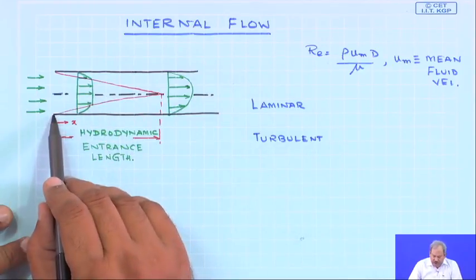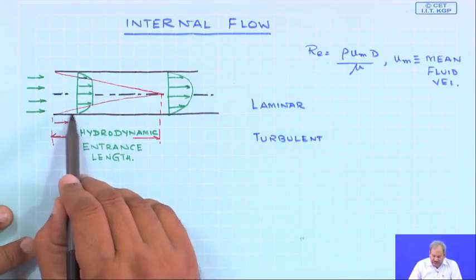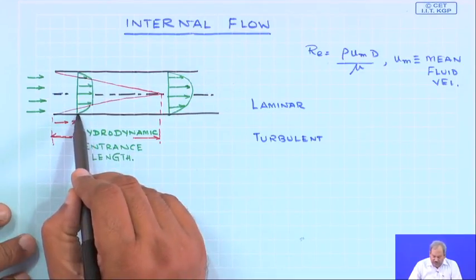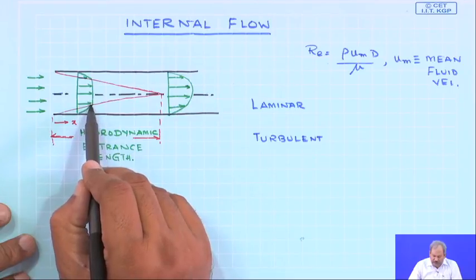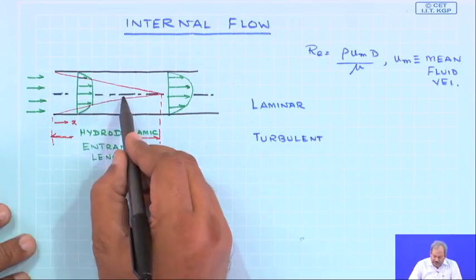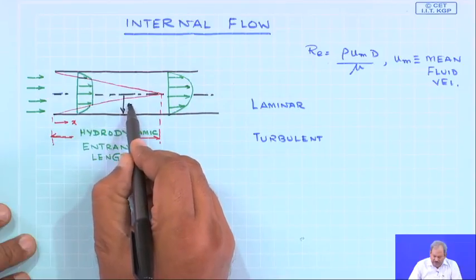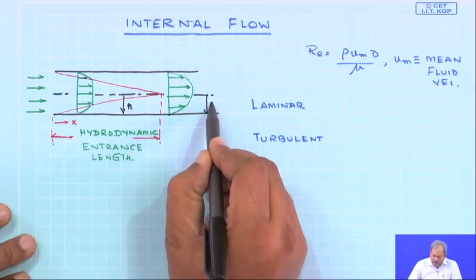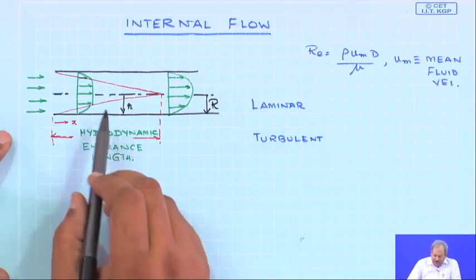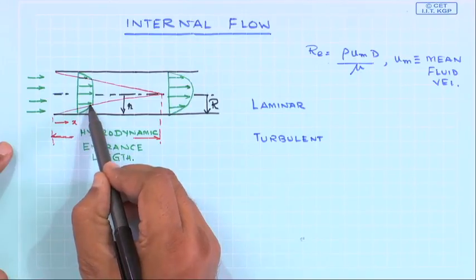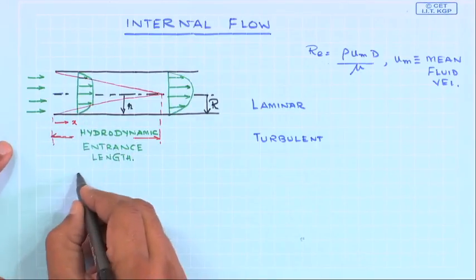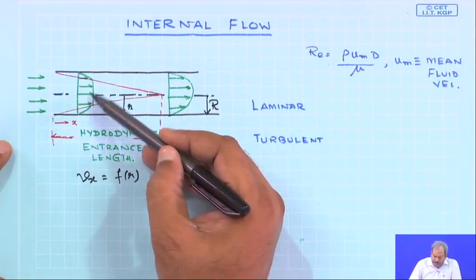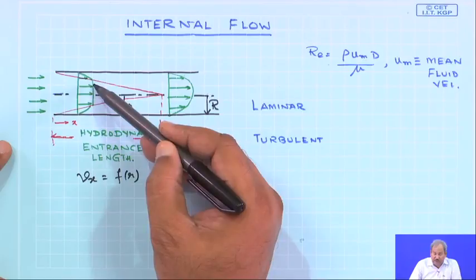So, inside a certain distance in the tube, the velocity is going to vary with r, where r is the radius. This is your r direction, and the overall radius is capital R. In this region, if this is my x direction, then Vx is a function of r, but between this point and this point the velocity is constant.